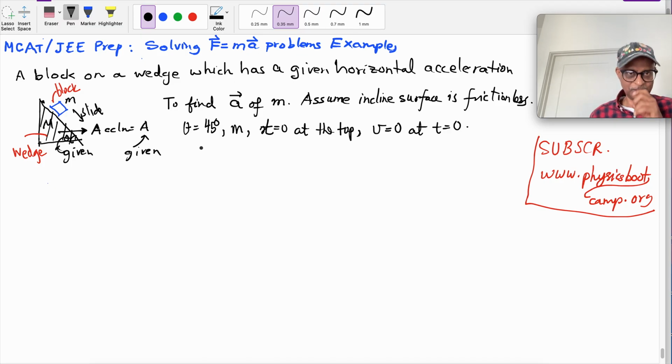I'm giving you these so it's easy to do the numericals. Given this, we want to find where the block will be at some arbitrary time t, and it can be done.